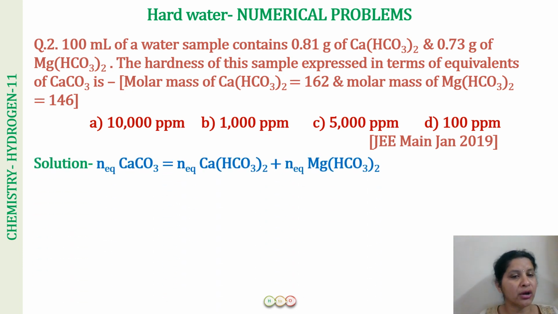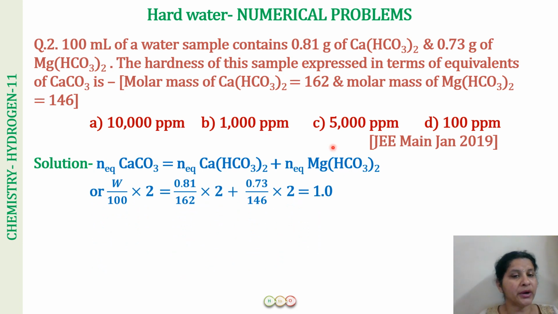So now you all know that the number of equivalents of calcium carbonate is going to be equal to the sum total of the number of equivalents of calcium bicarbonate and that of magnesium bicarbonate, right? So just put down the values now. What you will be getting is the value of W, that is the mass of calcium carbonate. This will come up to 1. So the weight of calcium carbonate is going to come as 1 gram.